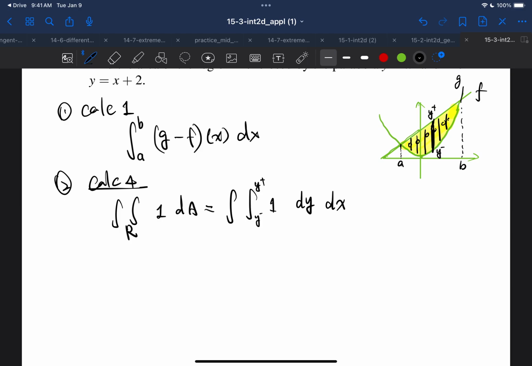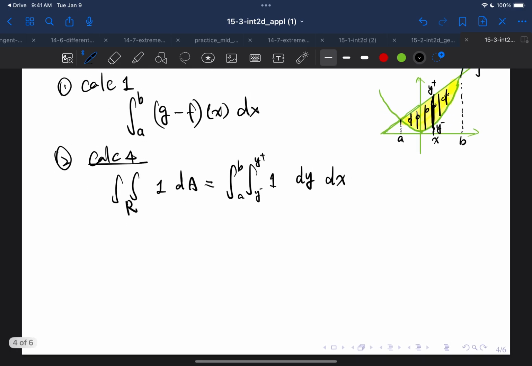Of course, y plus and y minus depend on where the stick is, in other words, where x is, so in terms of x. And for the range of dx, we need from A to B. So this is the formula we're given in calc 4 for the area.